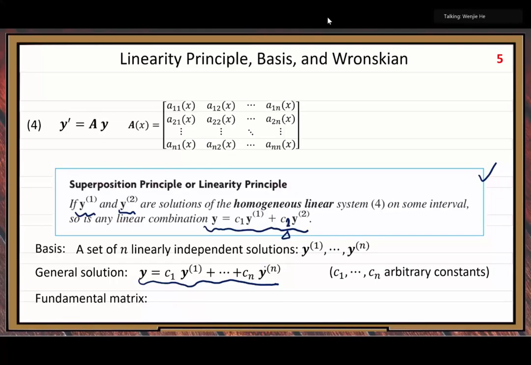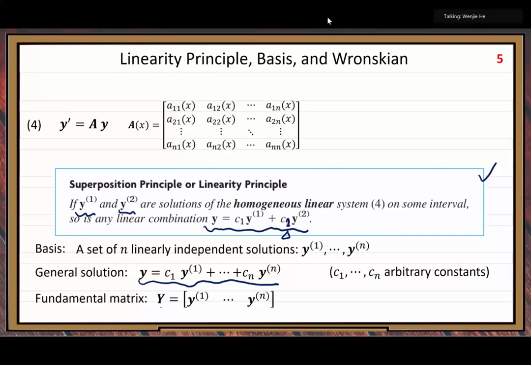Fundamental matrix, another concept. So what's that fundamental matrix? This matrix must be fundamental, right? That is very simple. We define this n by n matrix.